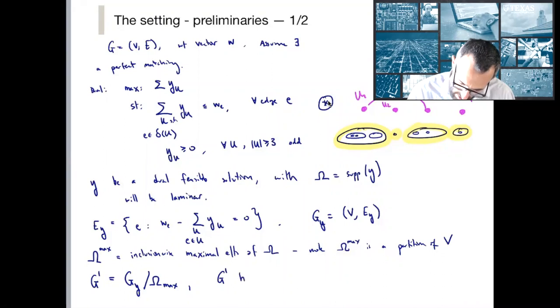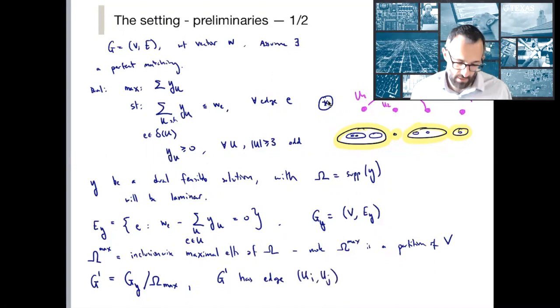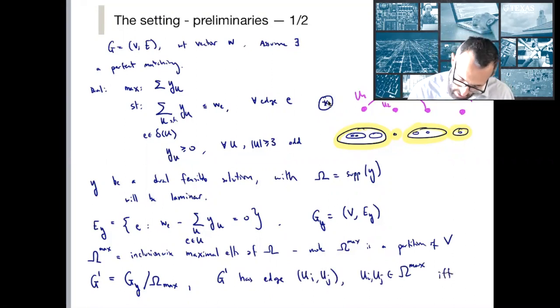Okay, so to clarify this, G dash has an edge Ui, Uj, where Ui and Uj are elements of omega max and therefore become nodes in G dash, if and only if Gy has such an edge.